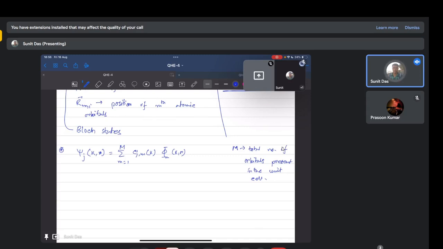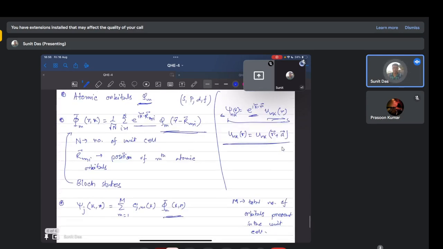So from these Bloch states we have formed electronic wave functions. The Bloch state was essentially for a particular atomic orbital, let's say. So from the atomic orbital, we just multiplied with this e to the power ik dot r term and formed a Bloch type of wave function.